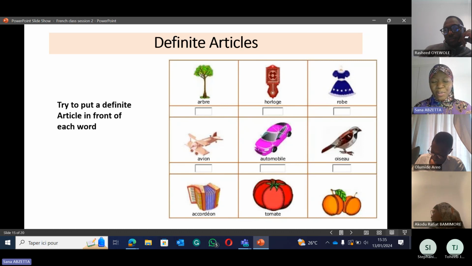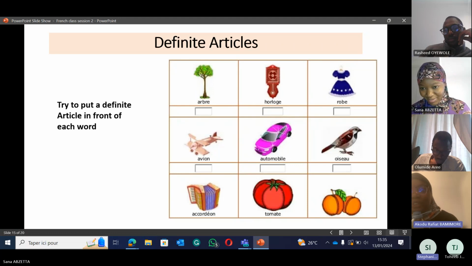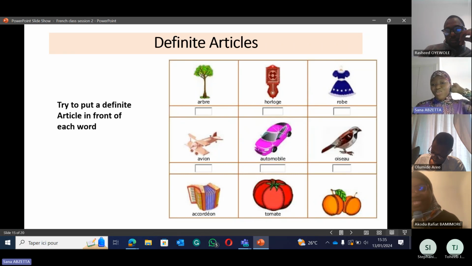Tomato, une tomate, is it feminine or masculine? Feminine. Okay, what is the right article? La tomate. Good. La tomate. Here, let's suppose that it's some lemon, citron.